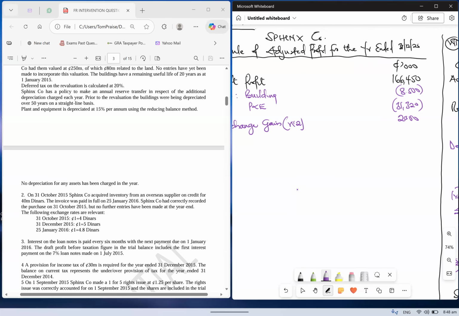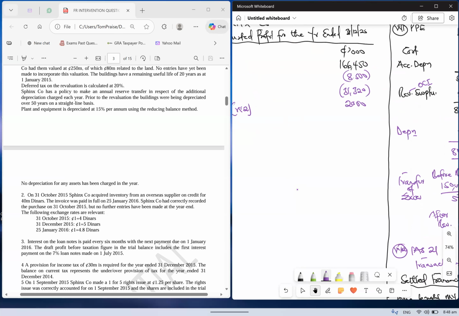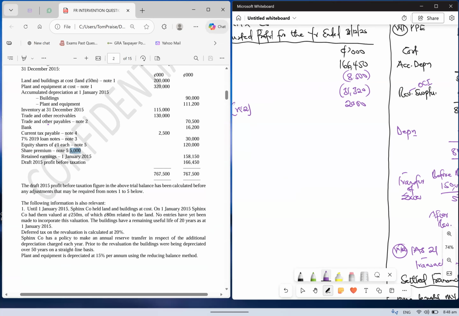That's fine. Bear in mind that this 2 million, we will reduce our payable by it when we are doing the balance sheet, so that it will get us to the 8 million. So if you can do the balance sheet in addition, it will help.